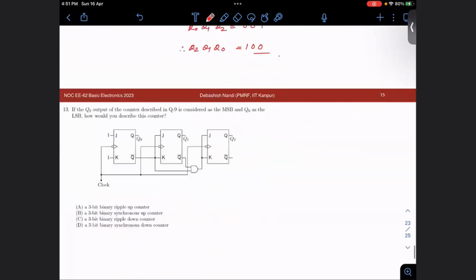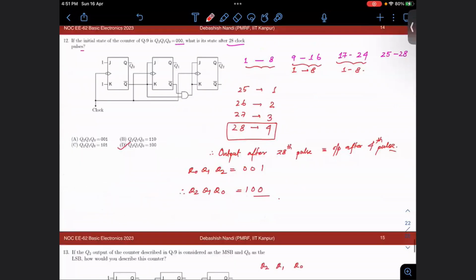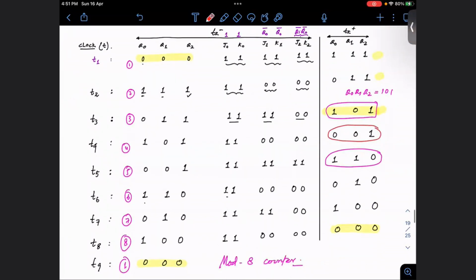So what about question number 13? If the Q2 output of the counter is considered as MSB and Q0 as LSB, so Q2, Q1, Q0, this will be just reversed.